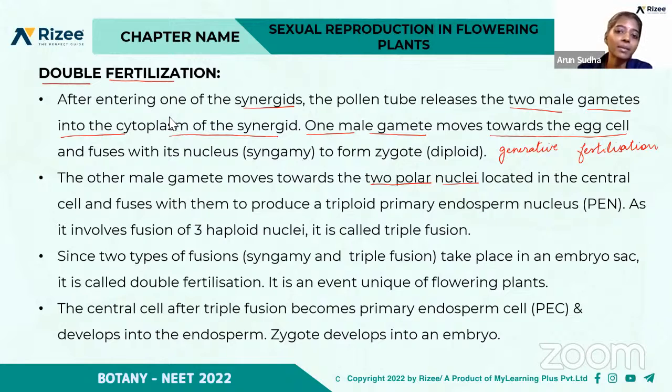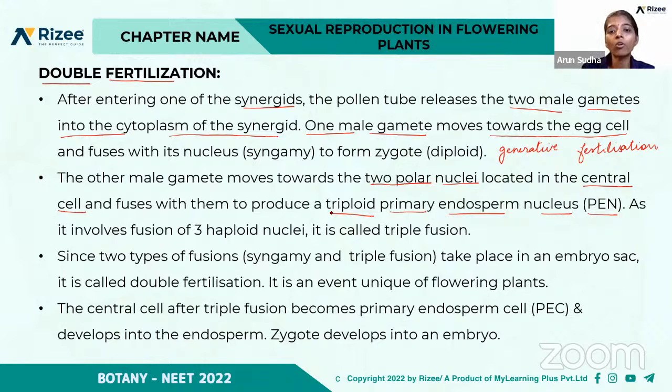The other male gamete moves towards the two polar nuclei present in the central large cell and fuses with them to produce a triploid primary endosperm nucleus, also called PEN.